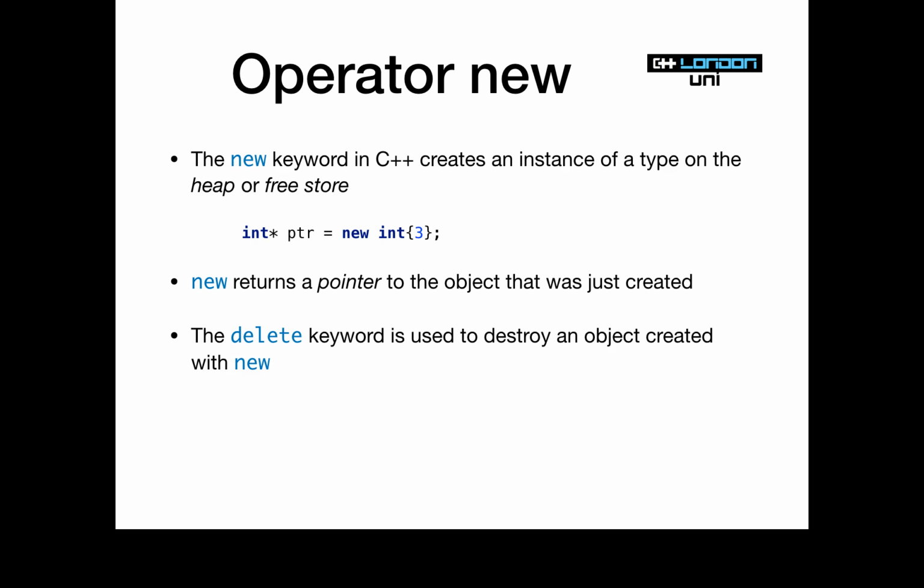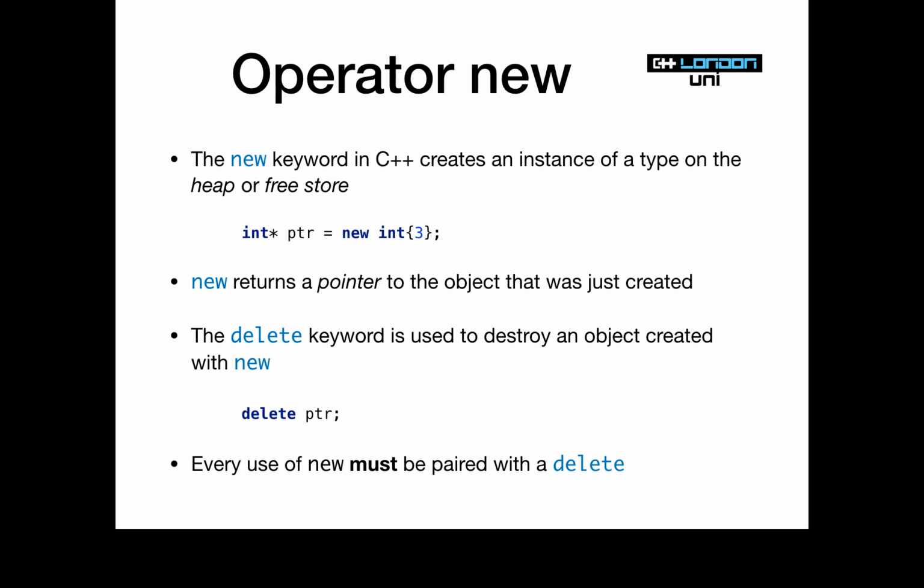Later on, when we're finished with it, we have to use the delete keyword to get rid of the object again. What delete will do is call the destructor of the object and then free the memory that it allocated. And delete just looks like this. You just pass it the pointer value that new gave you. So new creates things, delete destroys things.